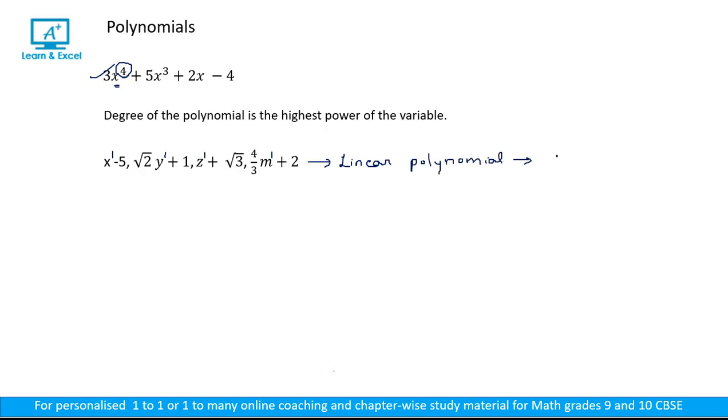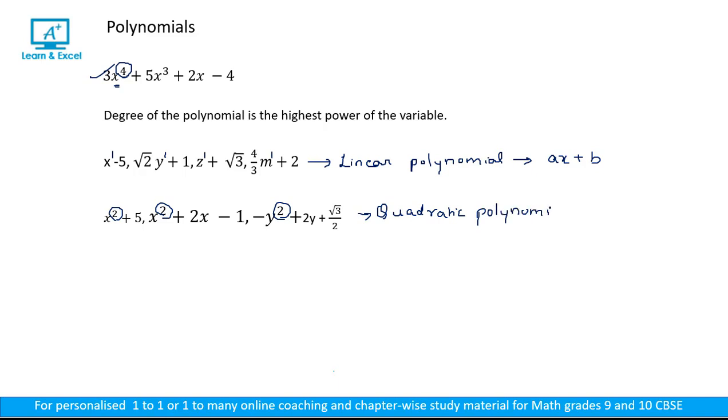The general form of the linear polynomial is ax plus b. Let us look at these examples. Here the highest degree is 2. Hence this is called a quadratic polynomial. And the general form will be ax square plus bx plus c.